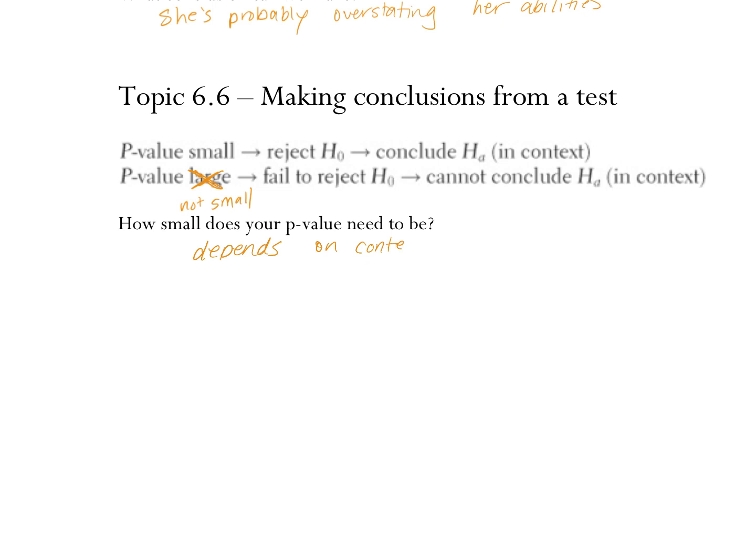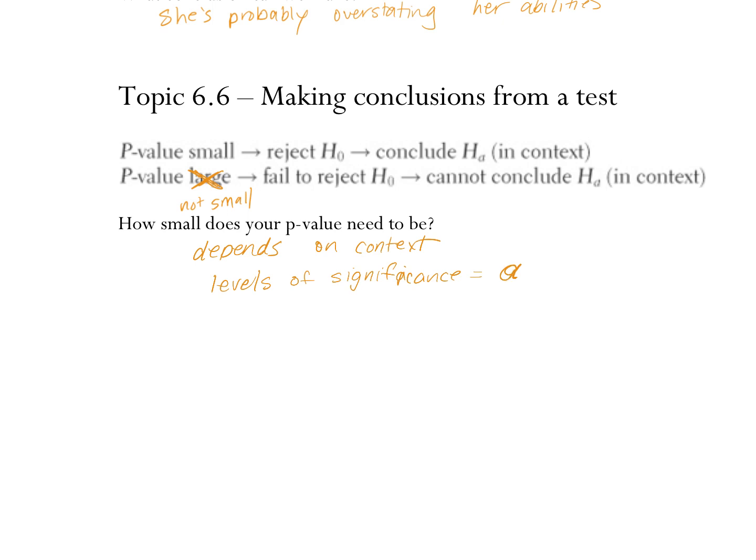We'll go into a ton of detail about how you make this decision on Tuesday. Okay? There are different levels of significance. The symbol we use to describe the level of significance is the Greek letter alpha.